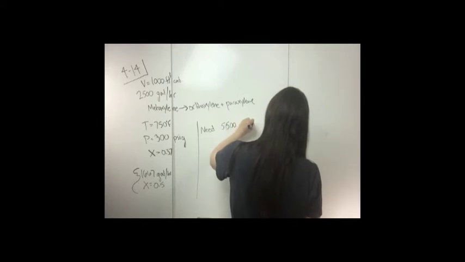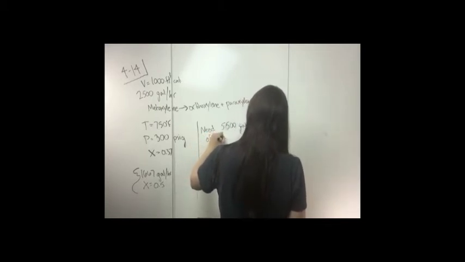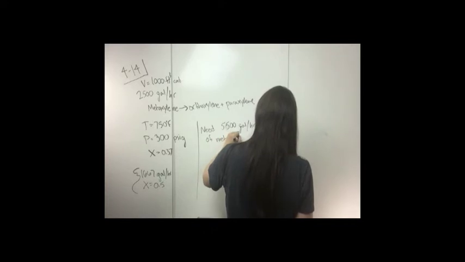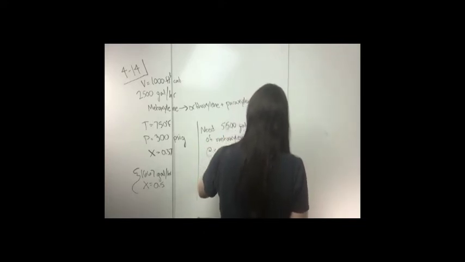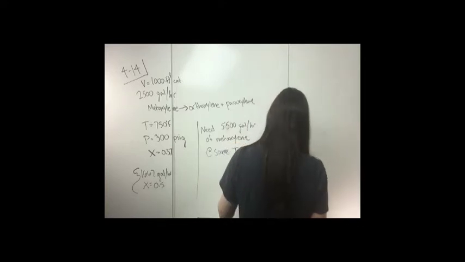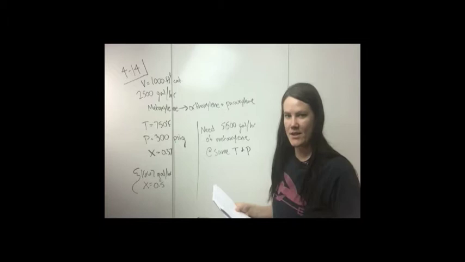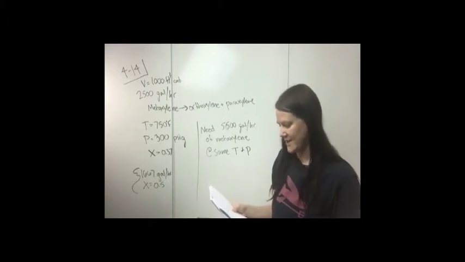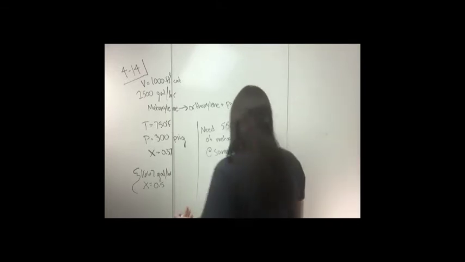What size of reactor, in other words the volume of catalyst, do you need to get a conversion of 46% instead of 37%?